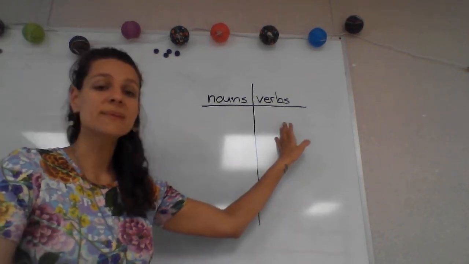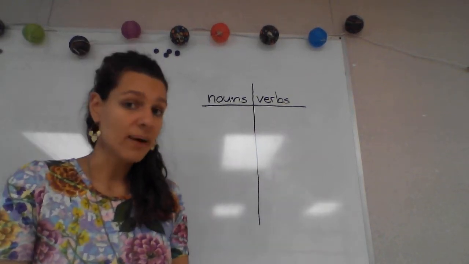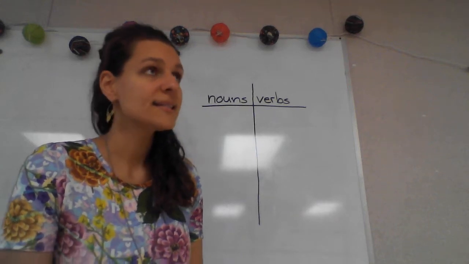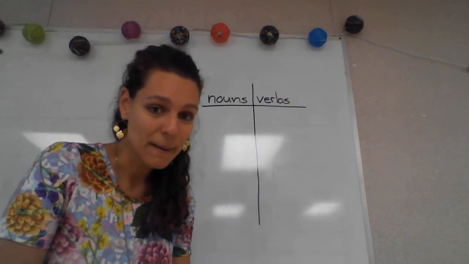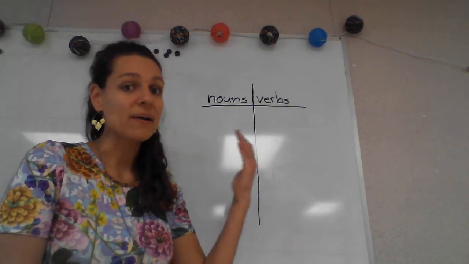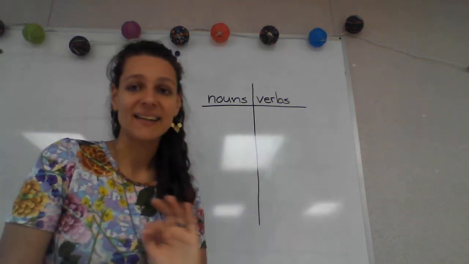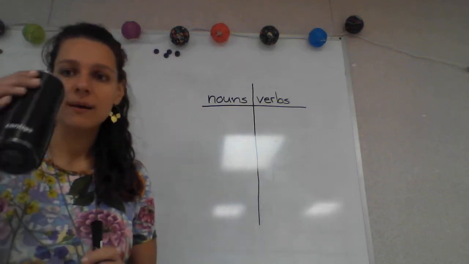All right, so on the verb side, I want you to write love, but wait, how do we say love to spell it? Good, love. Write and mark your word and say the sounds while you write it.